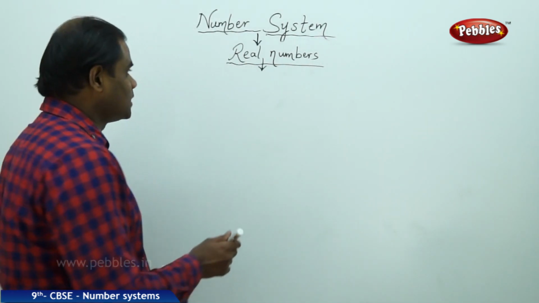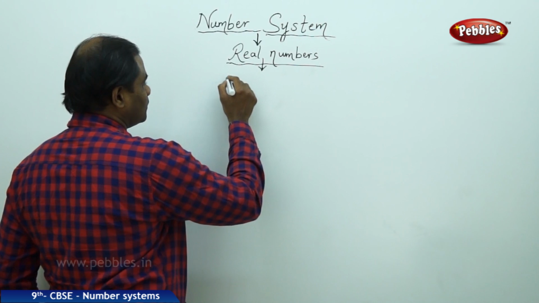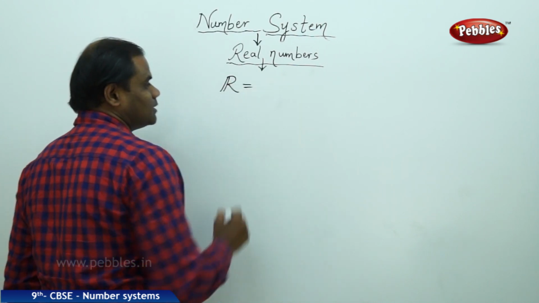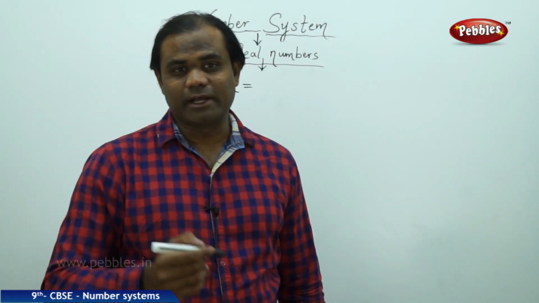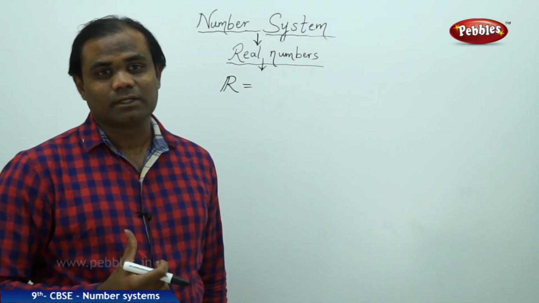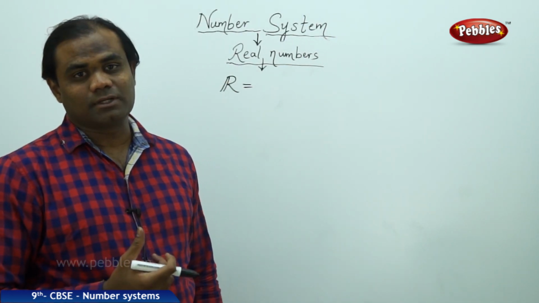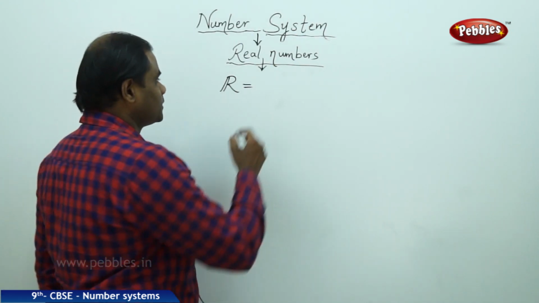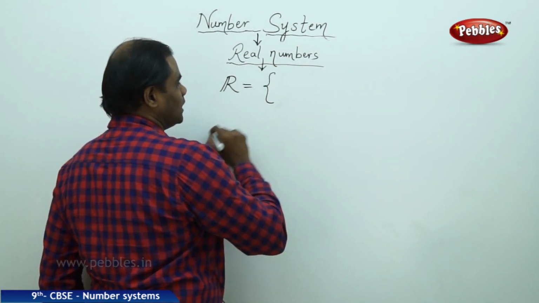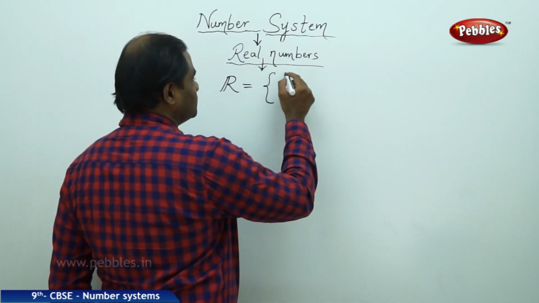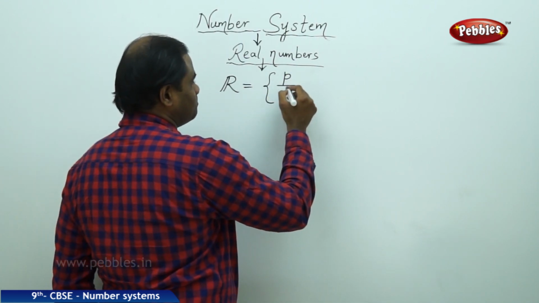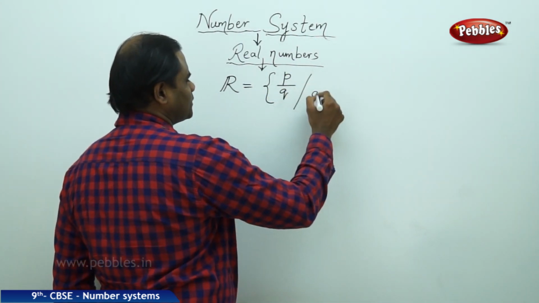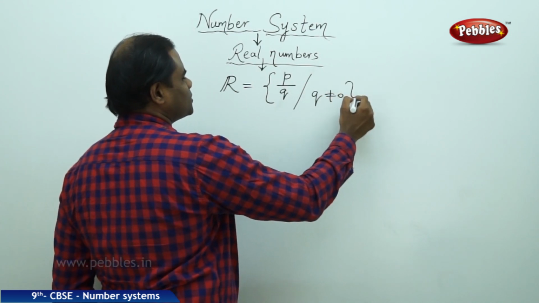So real numbers are generally denoted by R, and it has the same definition as that of rational numbers, with test number 1 absent. For example, I have this R denoted by capital R. My real numbers is defined as P over Q such that Q is not equal to 0.